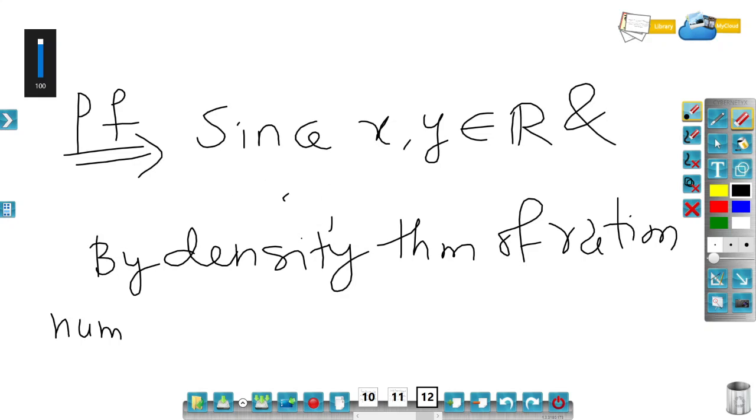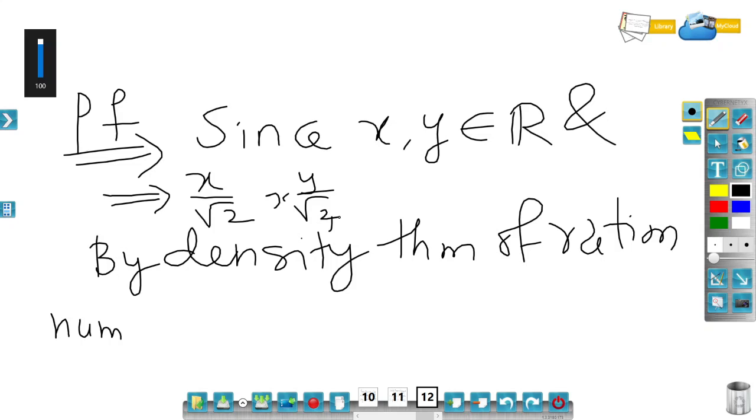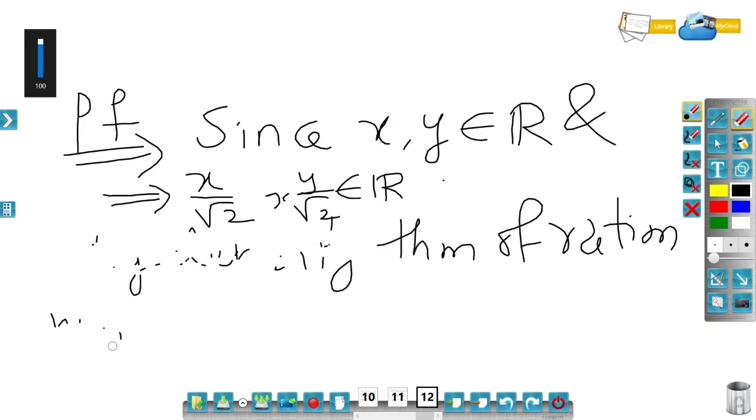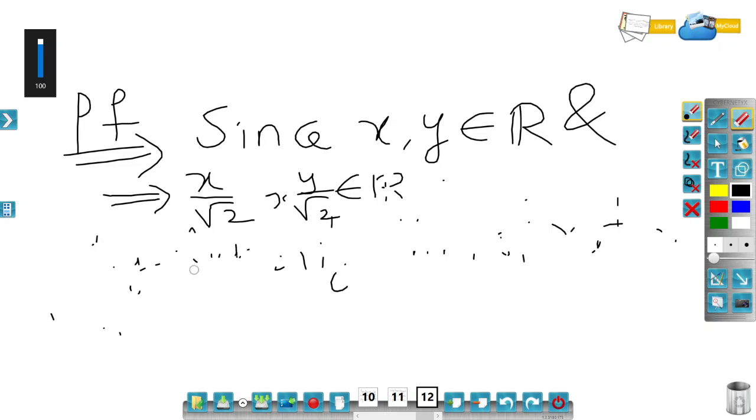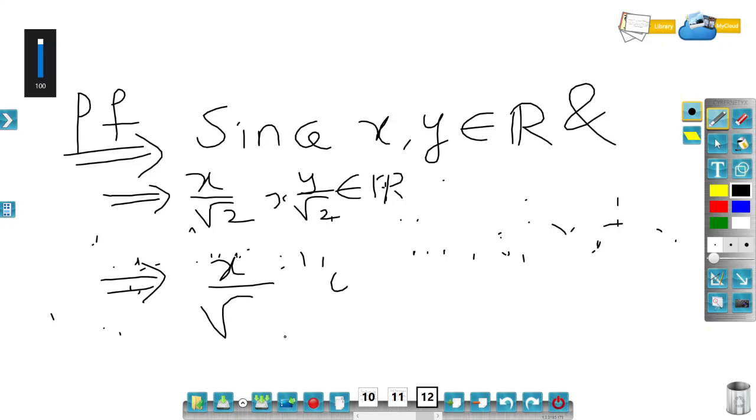This would imply x by root 2, y by root 2 also belong to R, and x by root 2 is strictly less than y by root 2.